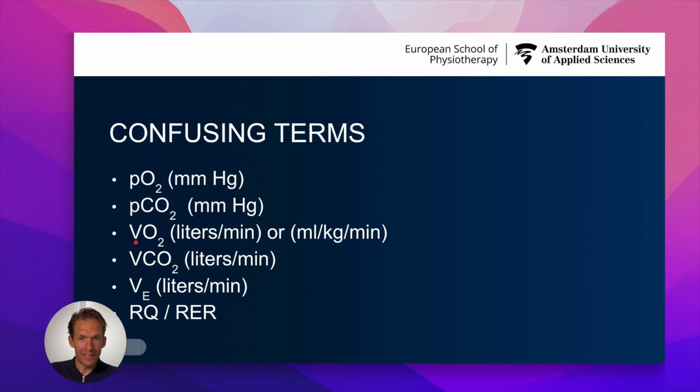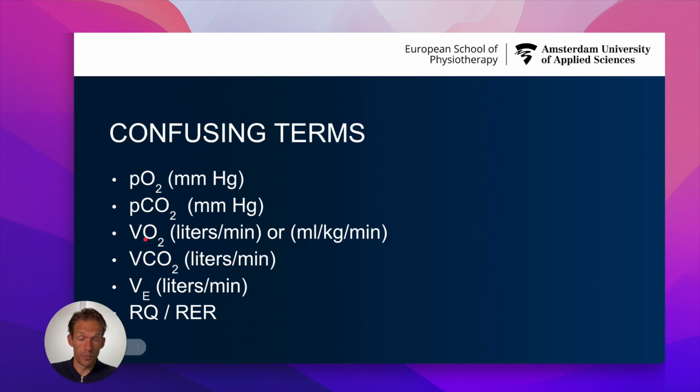Capital V is volume, and VO2 is actually the total volume of O2 that is consumed by the body. So not just taken in, but actually consumed. And that is expressed in either liters per minute, that's the default unit, or sometimes, if we want to normalize to body weight, milliliters per kilogram of body weight per minute.